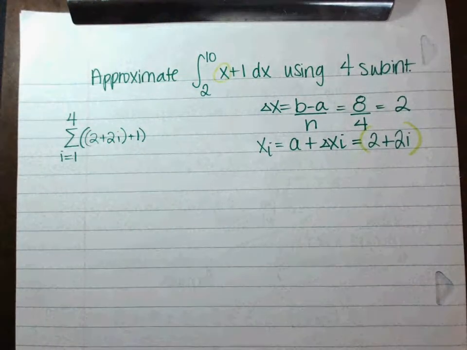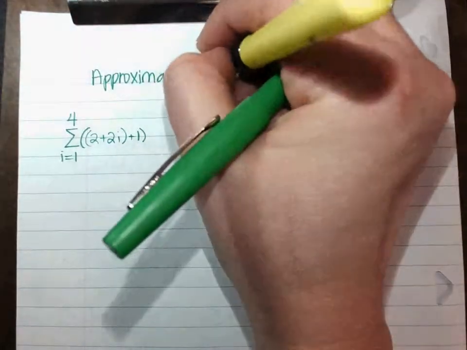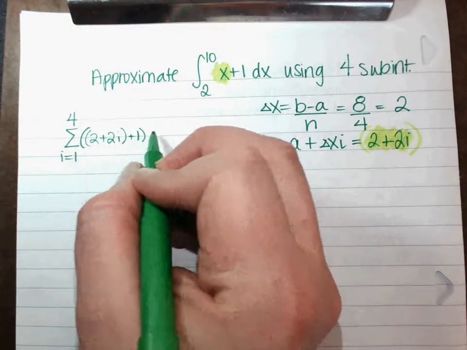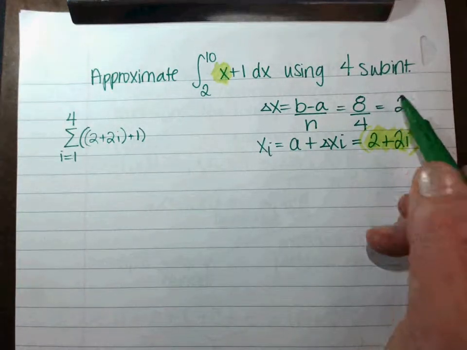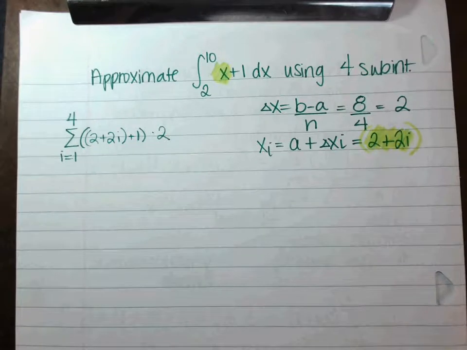It's still x plus 1, but I put this stuff right in there. And then what did I need to multiply by at the end? Do you remember there was a delta x at the end? What's my delta x here? 2. Now, we are going to increase i from 1 to 4.